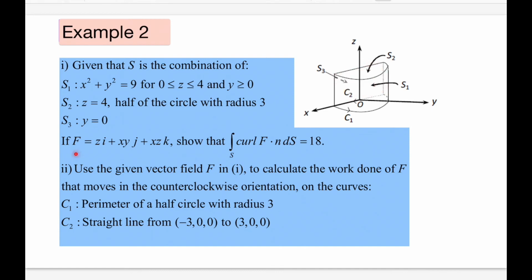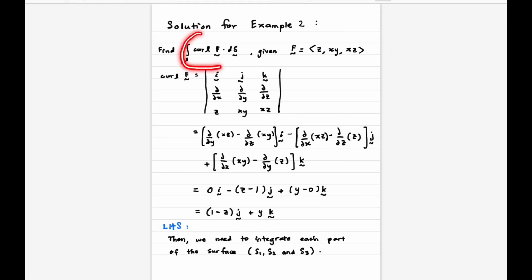So if f is equal to zi plus xyj plus xzk, show that the integral of curl f dot n ds is equal to 18. So you need to find this curl f dot n ds, and this is your f. So just solve this curl f, and you will get (1 minus z)j plus yk.